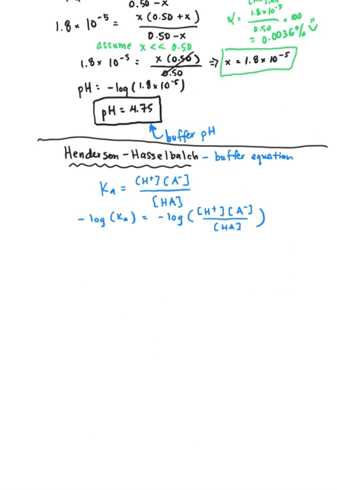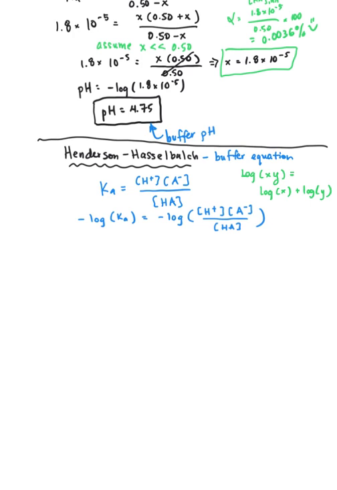From here, we're going to use rules of logarithms to help simplify the right-hand side. Remember that if we take the log base 10 of a product like x times y, we can write that equivalently as the sum of logs. In other words, the log of the quantity x times y is the same as the log of x plus the log of y.